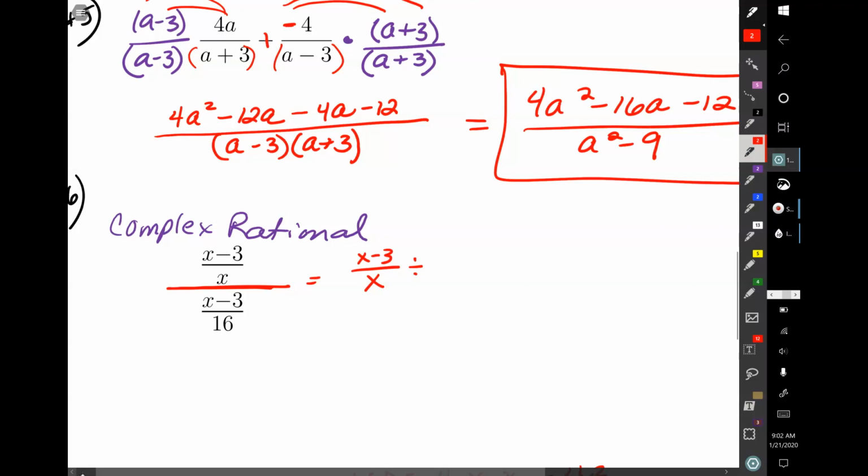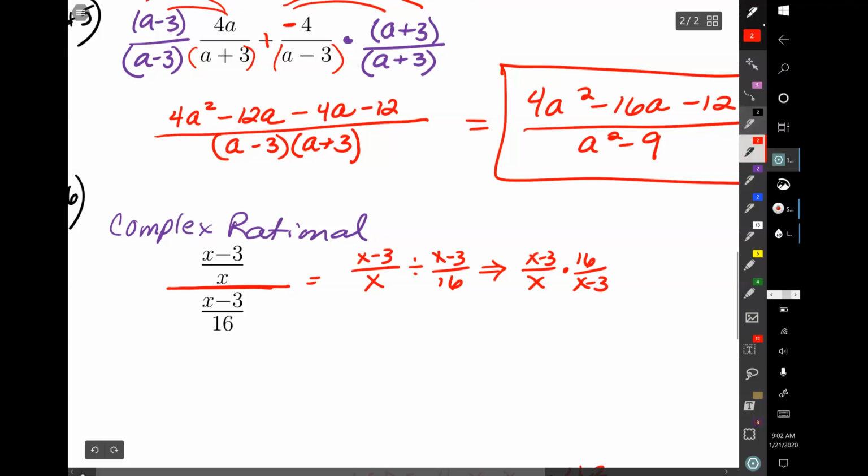So we can write that as the divided by the x minus 3 over 16. And then our process is we would multiply by the reciprocal. So then in the next step, I would do x minus 3 over x times 16 over x minus 3.